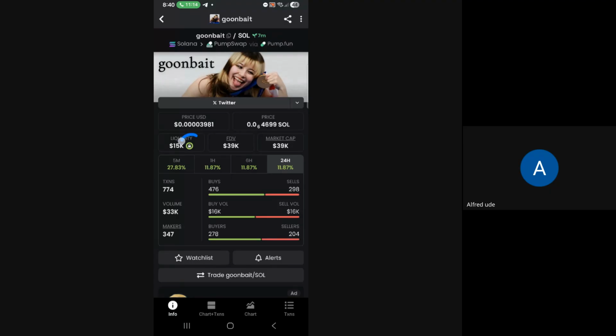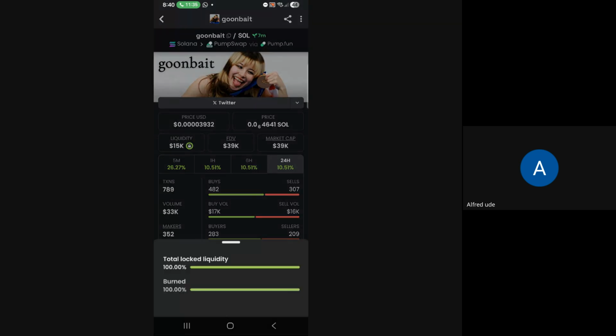You will see this padlock sign. This padlock sign shows that liquidity is locked. Then if you click on it, it also indicates whether the liquidity is burnt. So I'll click on it.